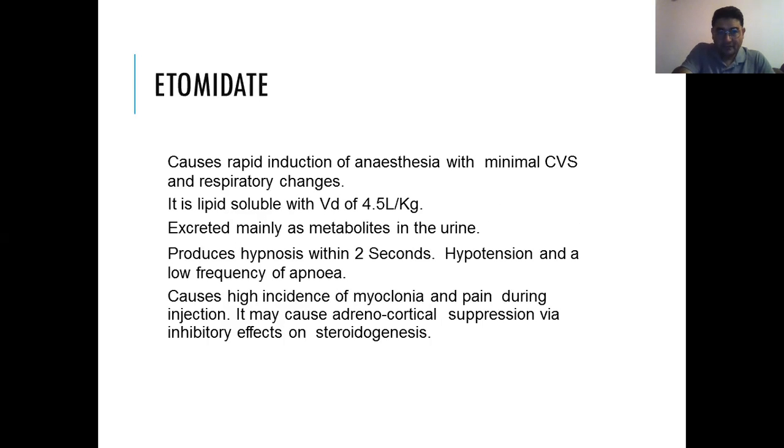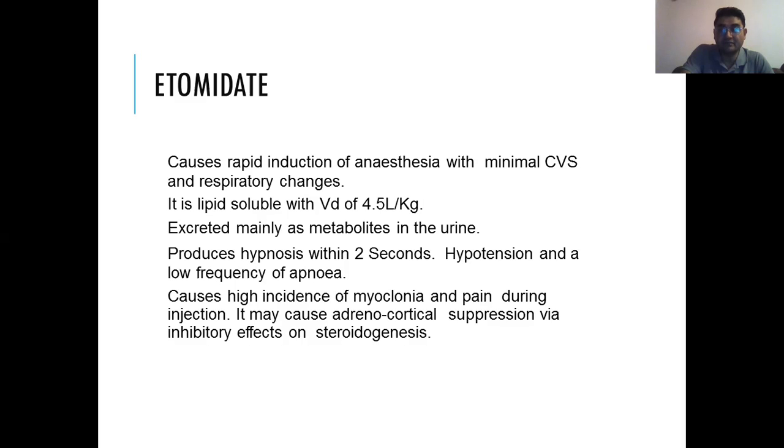And etomidate causes rapid induction of anesthesia with minimal cardiovascular and respiratory change. It is lipid soluble with a VD of 4.5 liter per kg, excreted mainly as metabolites in the urine, and produces hypnosis within 2 seconds, with hypotension and low frequency of apnea.